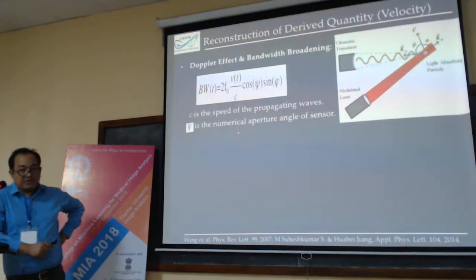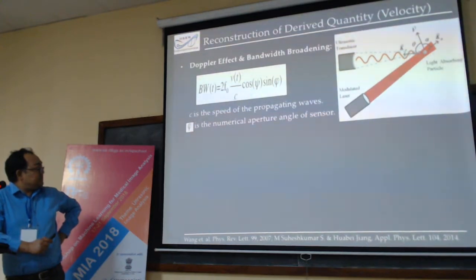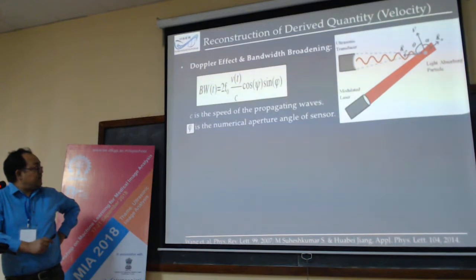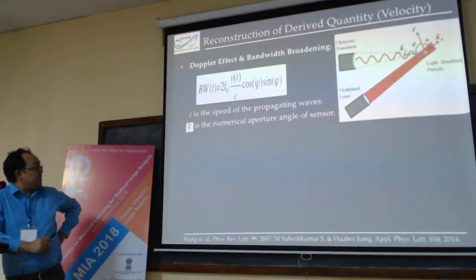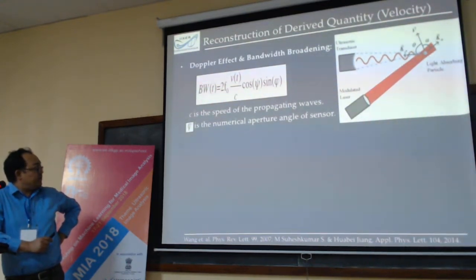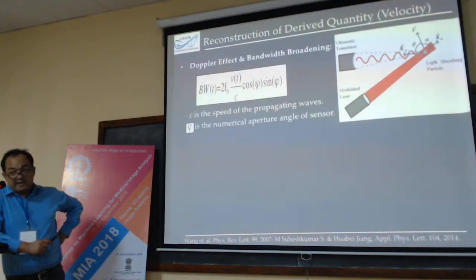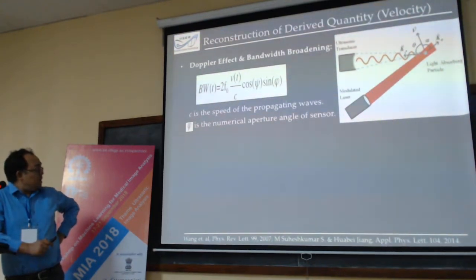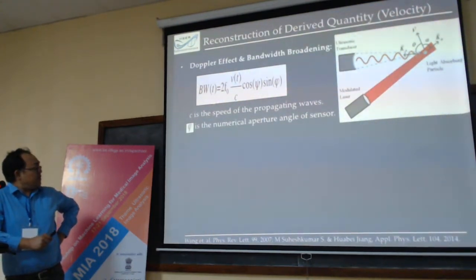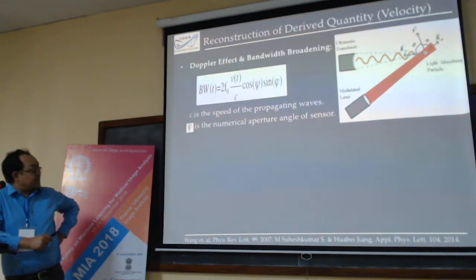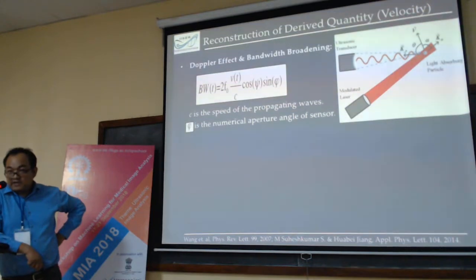That is given by these equations. So this is the velocity of the particles, the velocity of flow, this is the operating frequency, this is the bandwidth broadening, this is the numerical aperture, and this is the Doppler angle. So from the experimental measurement of this BW, whether we can extract this velocity, that is our question.